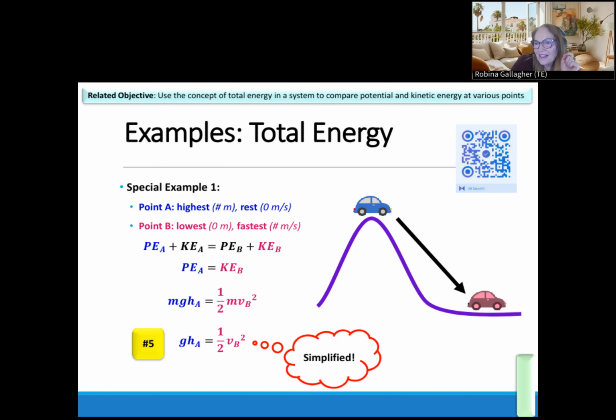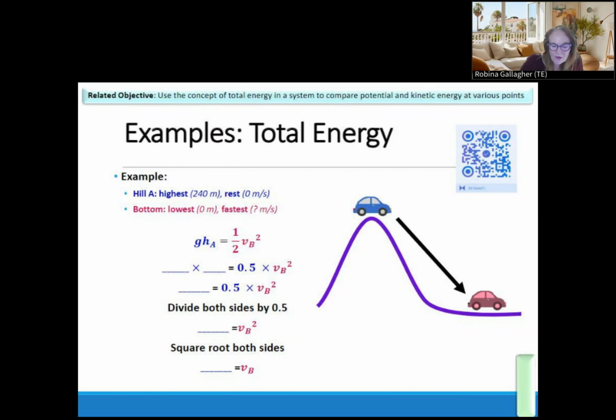Awesome. Okay, so here is a problem, and we're going to work this one out together. Again, I'm going to kind of talk you through this. You guys have calculators at the ready, though. So on hill A, this is point A, and this is point B. Notice that point A is on the left of the equal sign, and point B is on the right side.